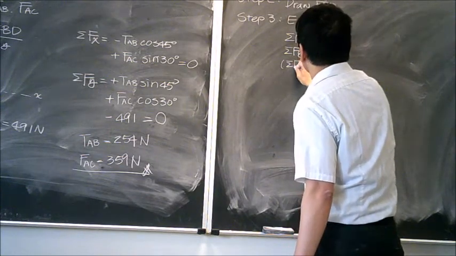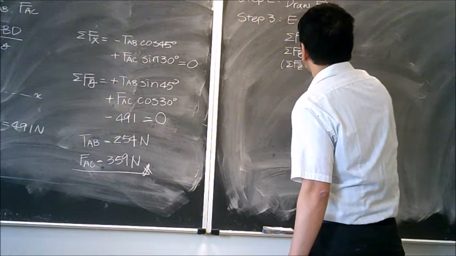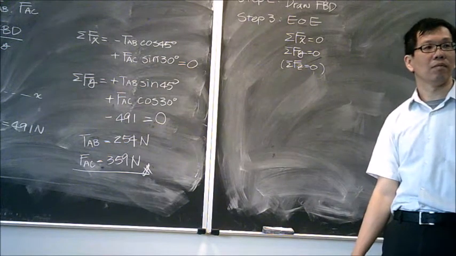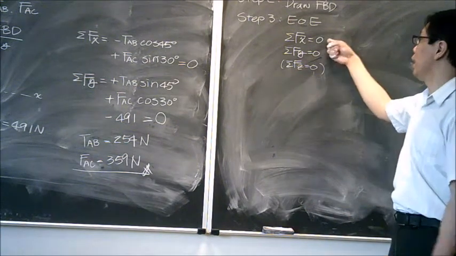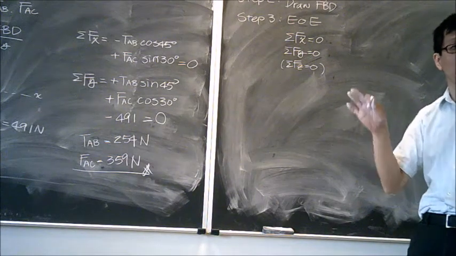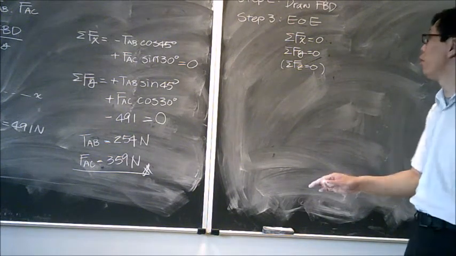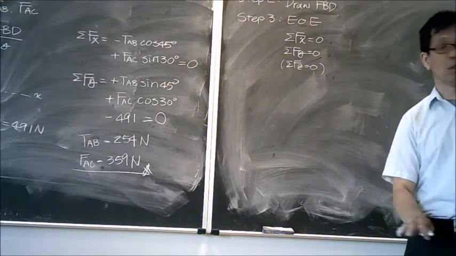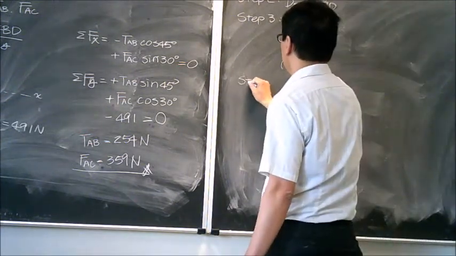Just write down the sum of forces in x, y, z. They are all equal to 0. Again, in this case, we're not talking about anything moving. So all the forces equal 0 in chapter 3. Next step.